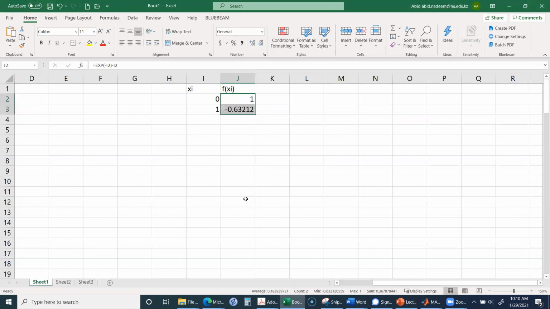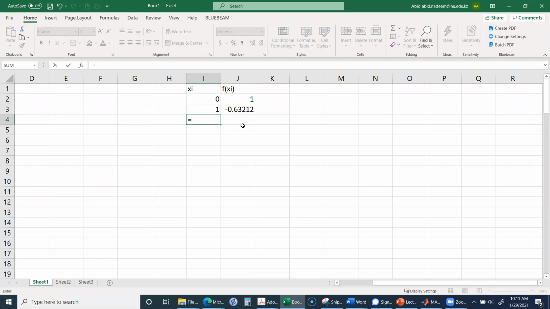Now in Excel, if I apply the formula for the secant method, I will first take this value xi, and then minus the value of the function at xi, and then times the difference between x0 and x1, and then divided by the difference between the functions.